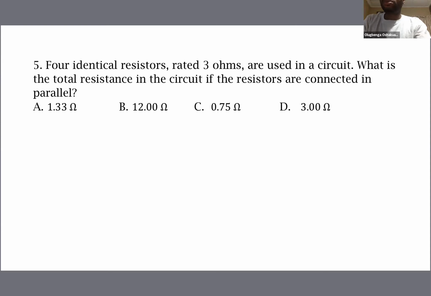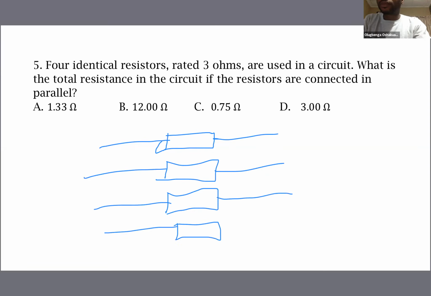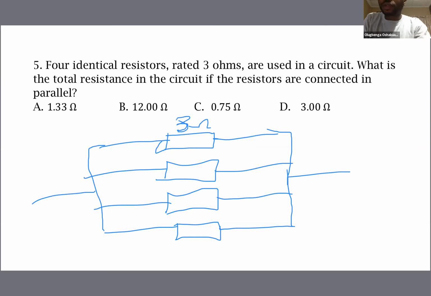In simple terms, 4 resistors, 3 ohms, 3 ohms, 3 ohms, 3 ohms, connected in parallel.